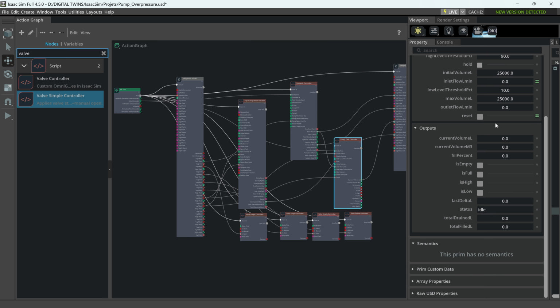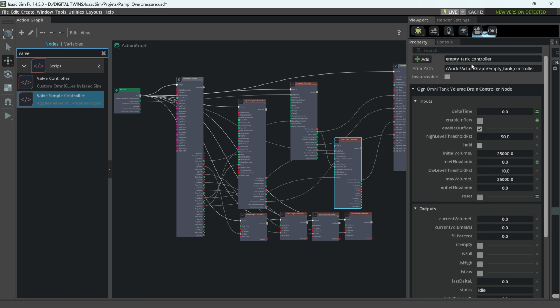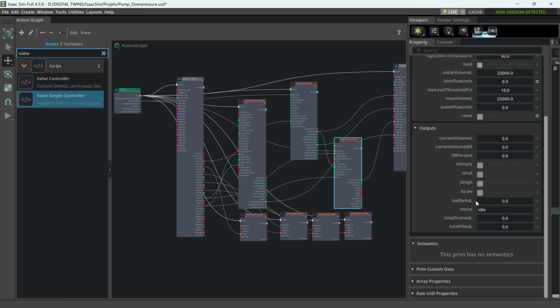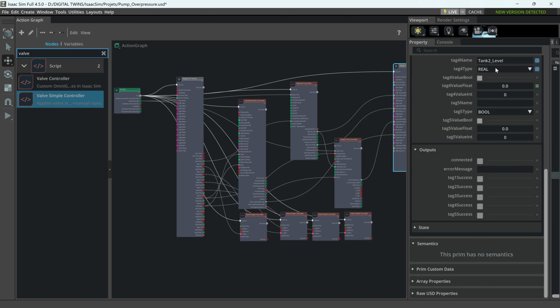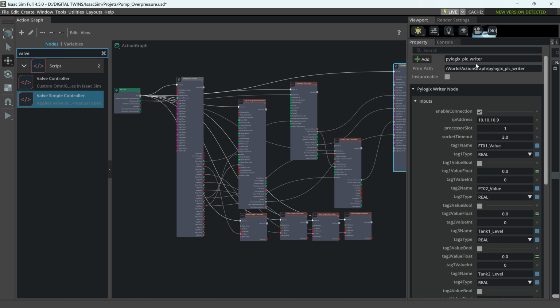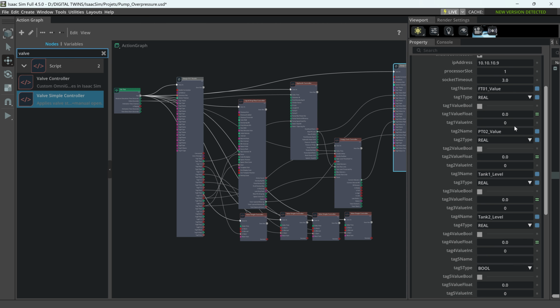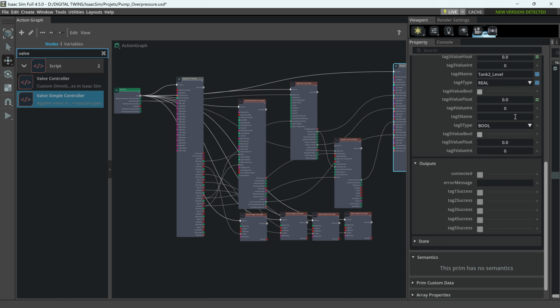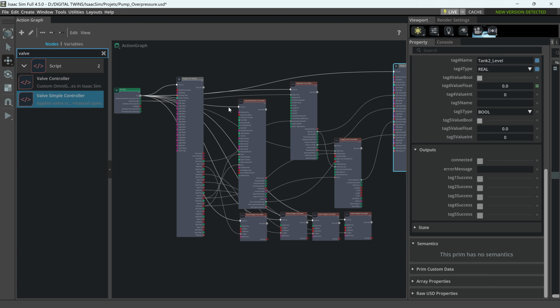For example, the same pump model could easily be integrated into a completely different process simulation. This modular architecture allows digital twins to scale from small experiments like this one to full industrial processes.